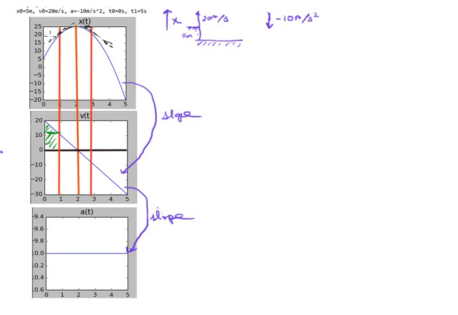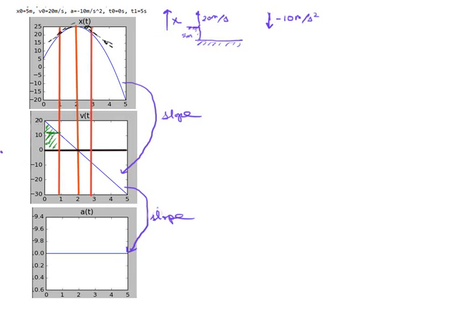If you look here, you can see that x starts at position 5, and at 1 second it's gotten to about 20, so the displacement is 15 meters. That means that this area has to be 15 meters.